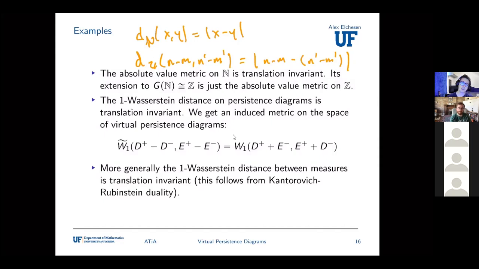It's kind of interesting, because when we first started working on this, I wasn't super familiar with the measure theory, and there wasn't really a formal connection between the measure theory perspective and the persistence diagram perspective until Divol and Lacombe recently made the connection formal. So now the fact that the one Wasserstein distance between persistence diagrams is translation invariant follows immediately from their work, by relating it to the classical measure-theoretic version.